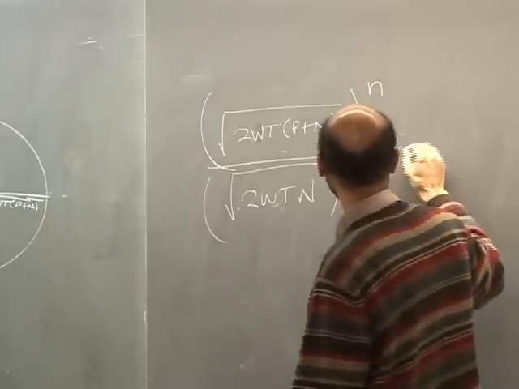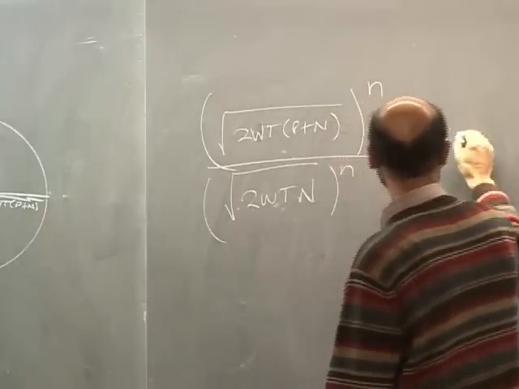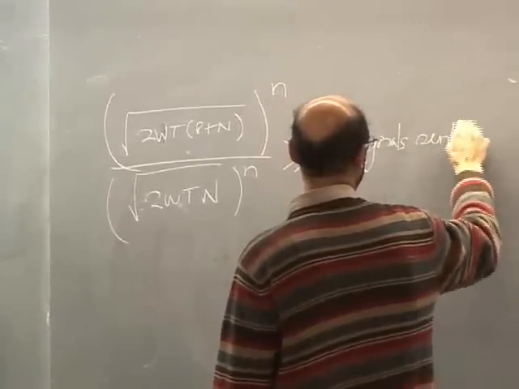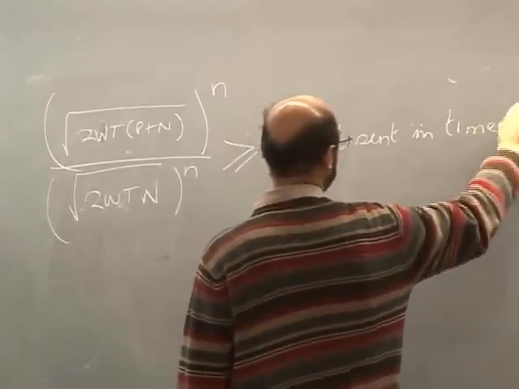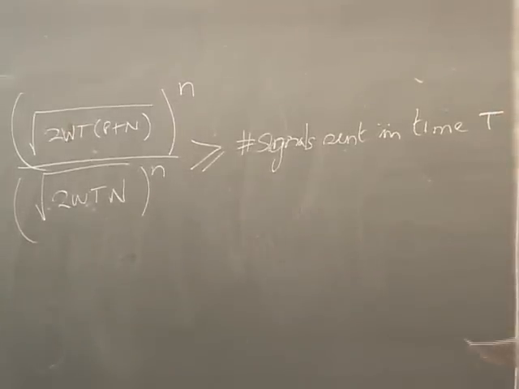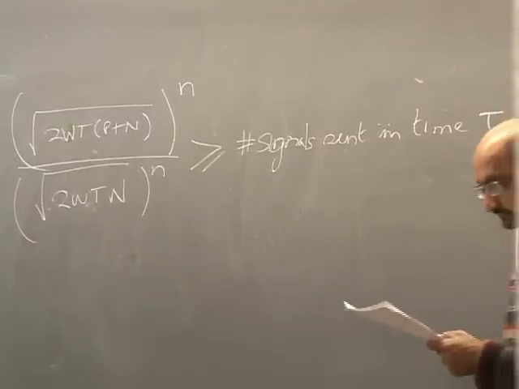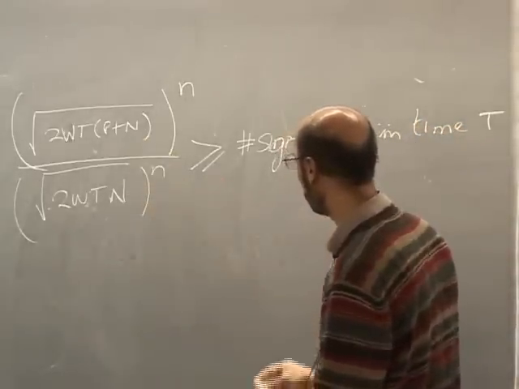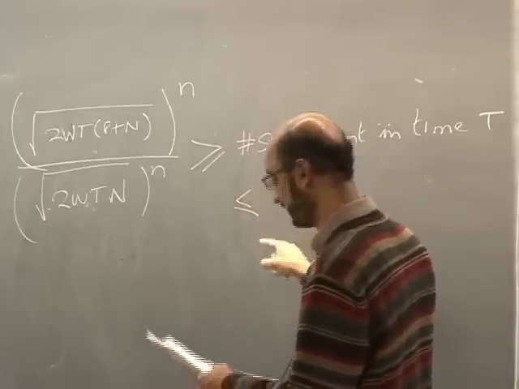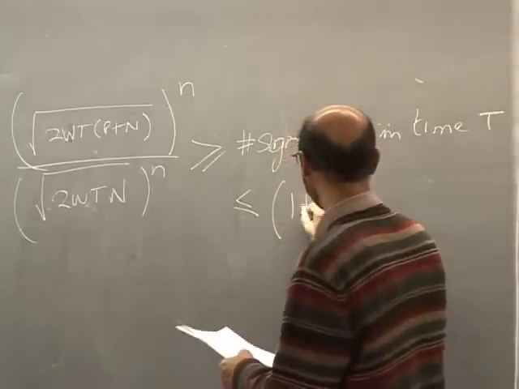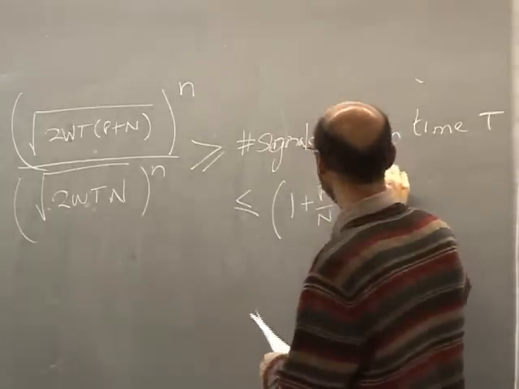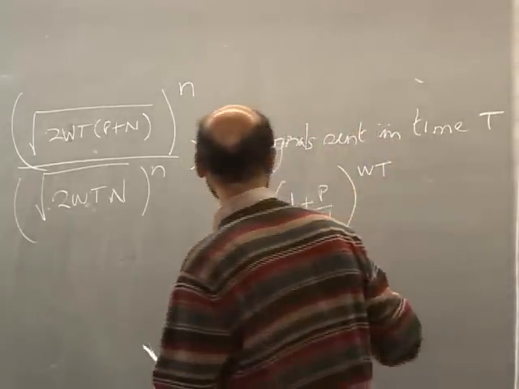So this is greater than or equal to the number of signals sent in time T. You have to remember it's in time capital T. So if we just cancel things out, the number of signals sent in time T is less than or equal to 1 plus P over N, to the power WT, because n is actually nothing more than 2WT.